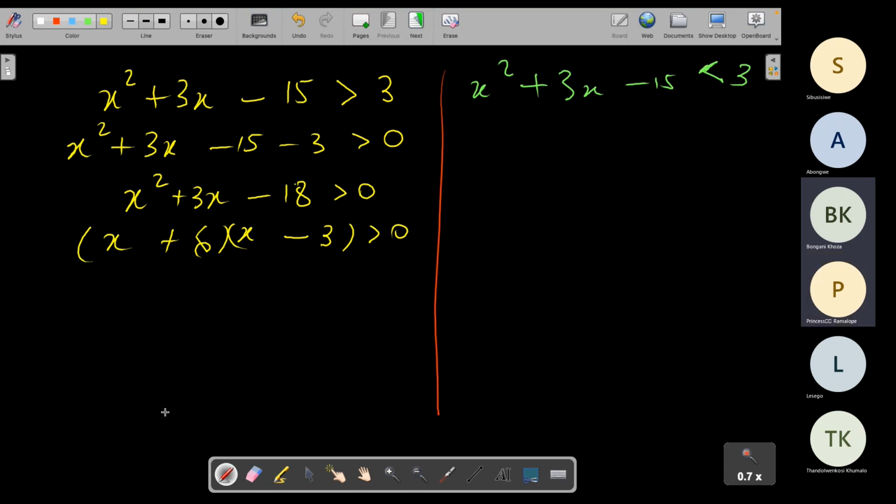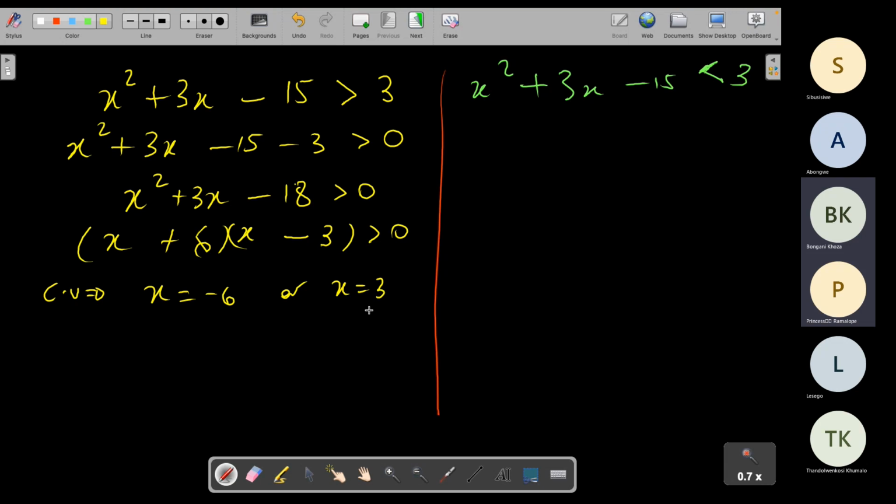So x is equal to -6, and x is equal to 3.